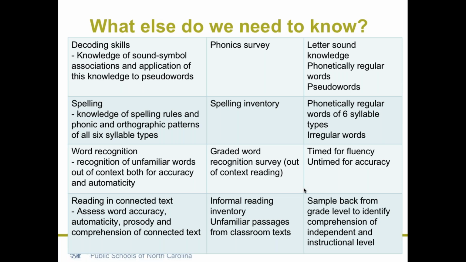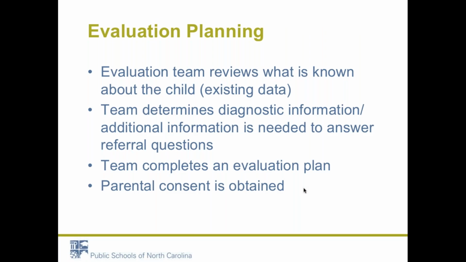And lastly, the team might consider reading in connected text to assess his word accuracy, automaticity, and prosody and comprehension of connected text. So here's where an informal reading inventory, such as a QRI, might be helpful. And also reading of unfamiliar passages from classroom texts. Here again, we might want to survey back from grade level to identify his comprehension levels at both independent and instructional levels.